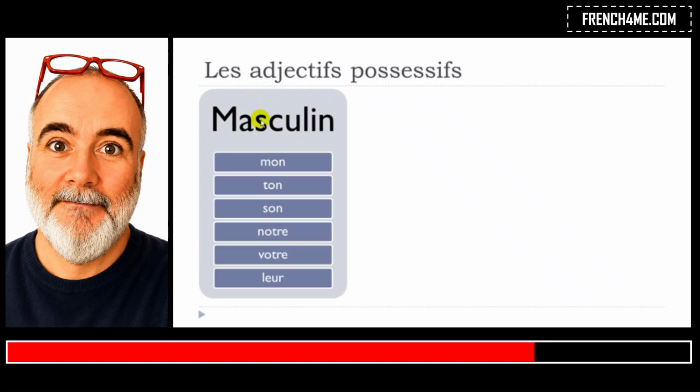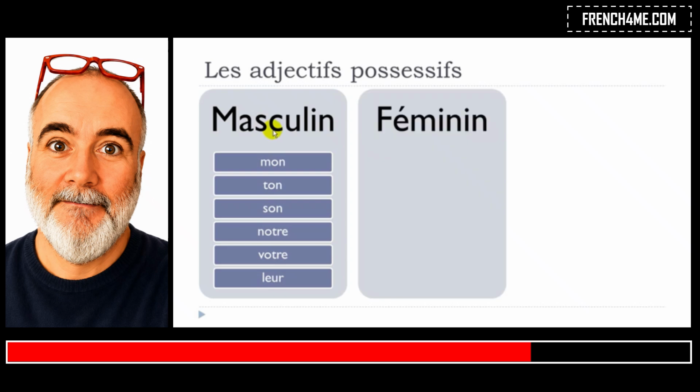So we saw first the masculine form. Let's check the feminine form, and it's ma, ta, sa. You can see there are differences, but it still works like M, T, and S. So mon, masculine, ma, feminine form, ton, masculine form, ta, feminine form, son, masculine form, sa, feminine form.